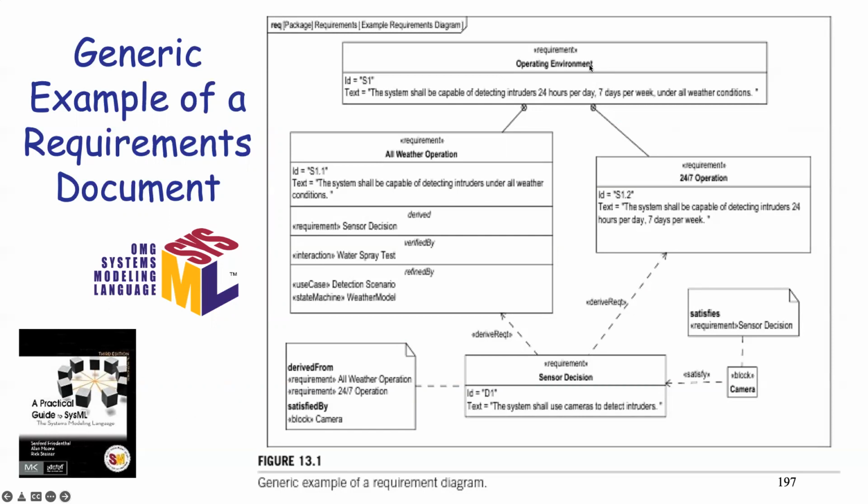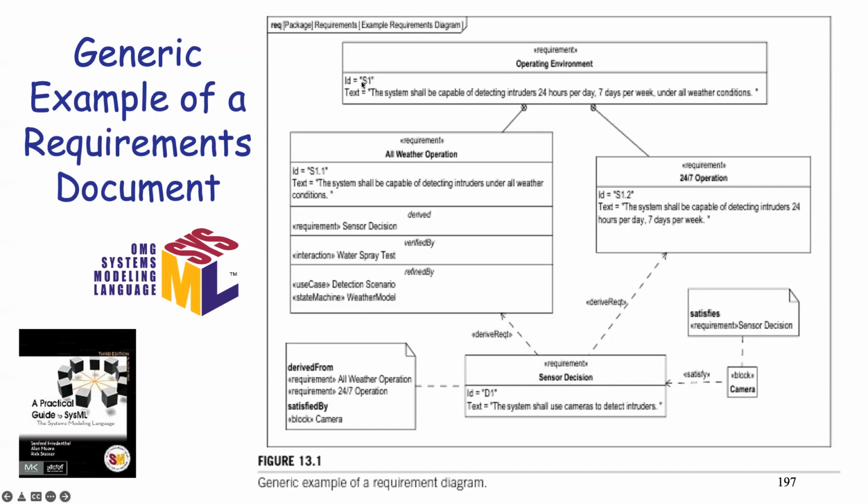We have a top level requirement, and then a tree with layers of requirements below it. You can have an overall operating environment, and below that, all weather operations, 24/7 operations, and related items as you move down through the tree structure.